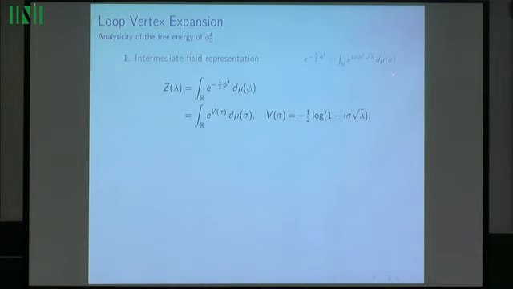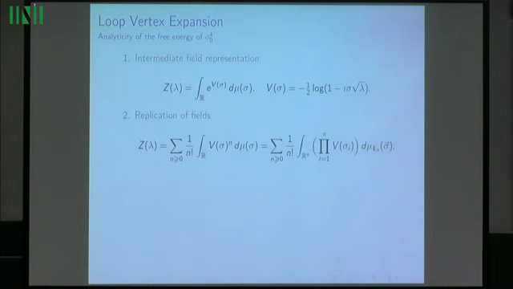If I apply this, I have a new field sigma, which has also the same Gaussian measure. Once you've done this, you realize that the integral over the field phi is Gaussian, so you do it because you can. What you get is a new integral with only one field sigma and a new potential, and this potential is this log here. This is not polynomial, and this is what makes everything work. So this is the intermediate field representation.